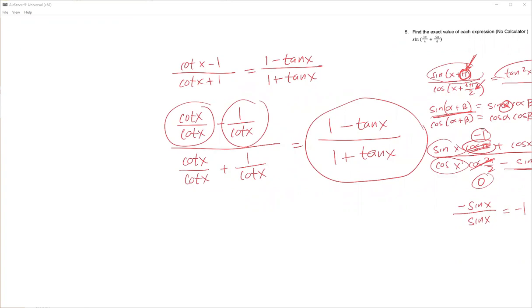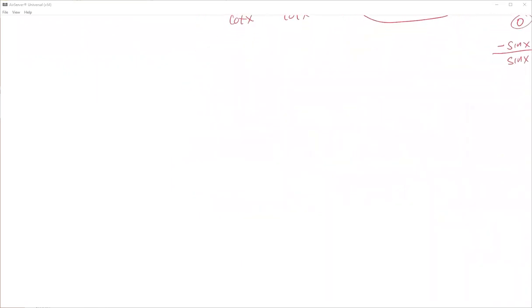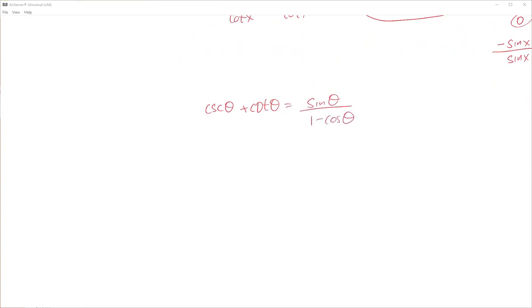All right, so for number 3, you get cosecant theta plus cotangent theta equals sine theta over 1 minus cosine theta. This one you kind of have to work both sides so they equal each other.